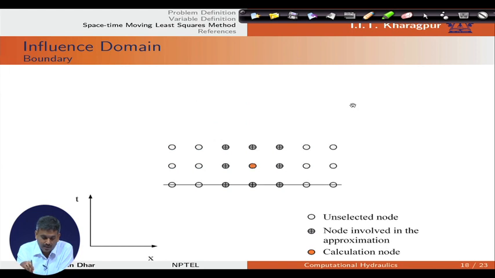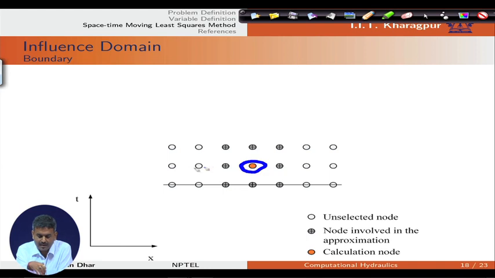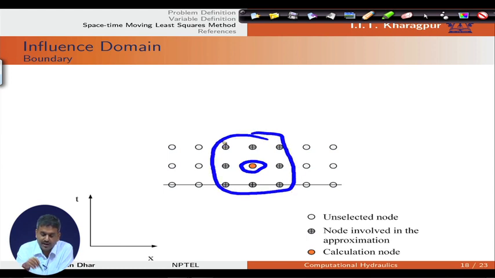Now, next consideration, if you have the 0 time level and there is variation in x. So, for a point which is near to the boundary or space level and the immediate next time level, we need to consider both future and present level time nodes.